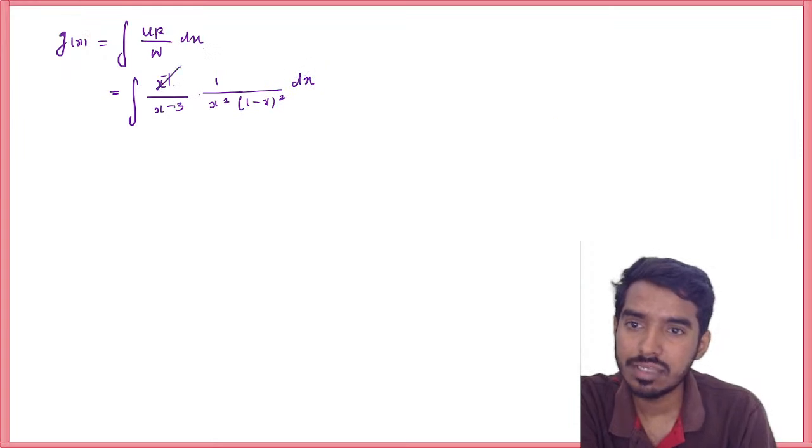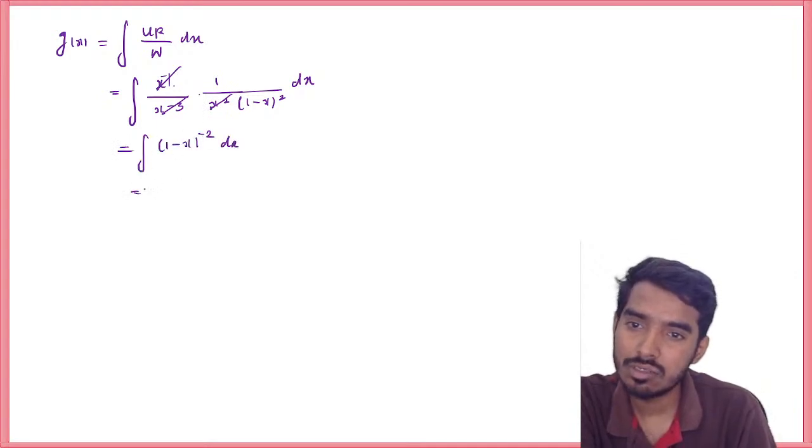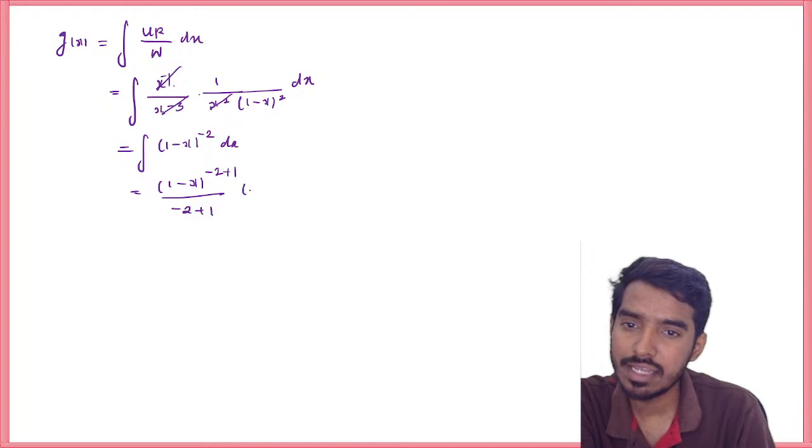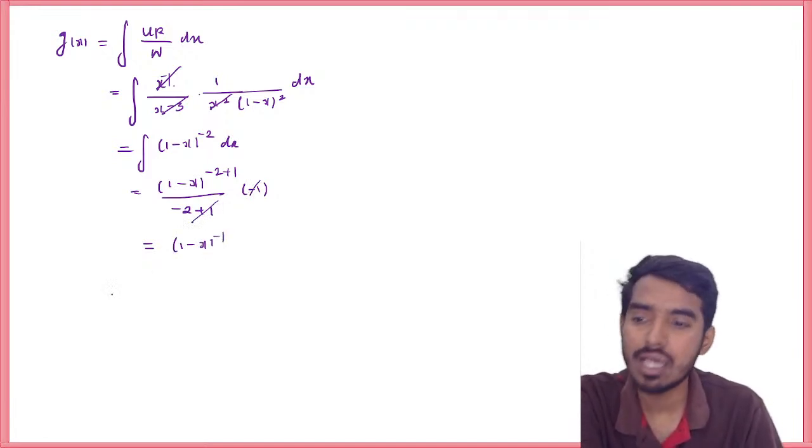Now you can see this x power minus 2 will get cancelled. So we will have integration of 1 minus x power minus 1, and inside we have minus, this will get cancelled. Now 1 minus x power minus 1.